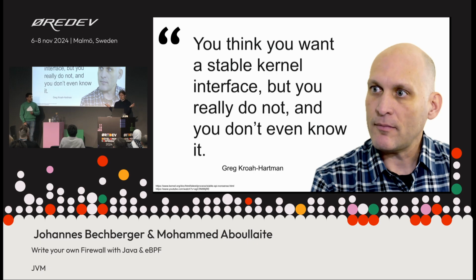So yes, it's not really stable, and that's a problem. We all know it. When you depend on a software system where the API is specifically not stable, you're all the time maintaining it. And it's good if you're somewhere like Google or Meta. But if you're a normal person, or even a software vendor that targets multiple kernel versions, that's not a good idea. Exactly. And what Greg is trying to say here is that we have to compromise between stability and speed.